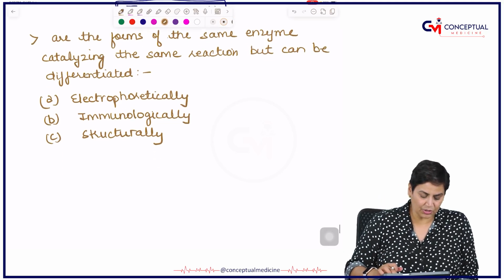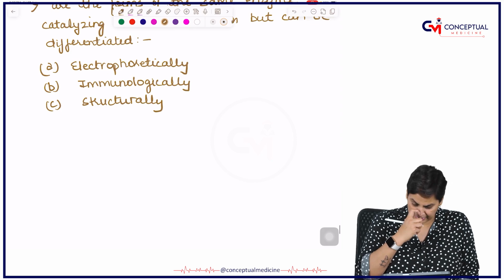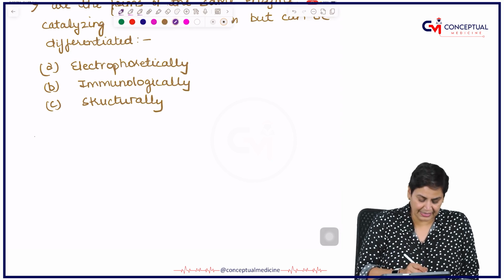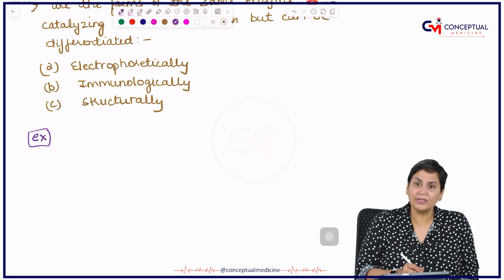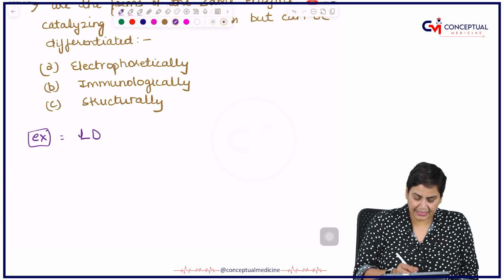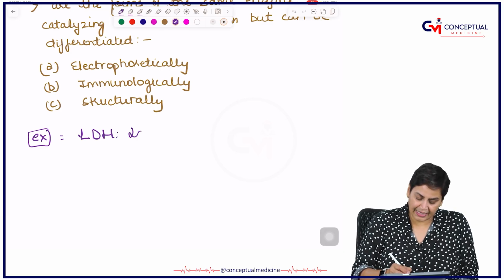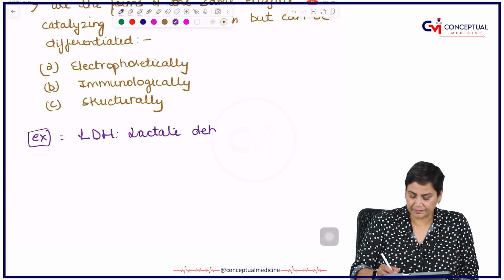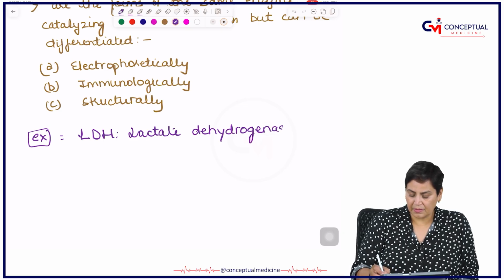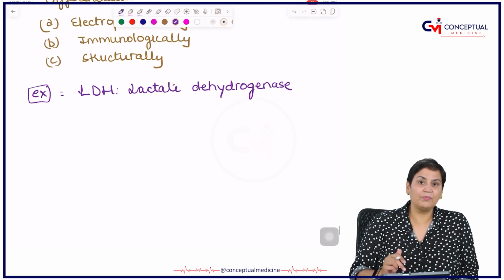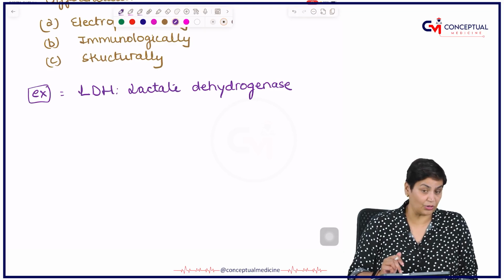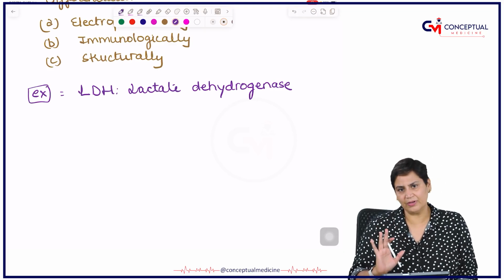So examples of isoenzymes, a very important example is LDH. Now this LDH stands for lactate dehydrogenase. Right. And this is a very important cytosolic marker also, and it catalyzes only one reaction.